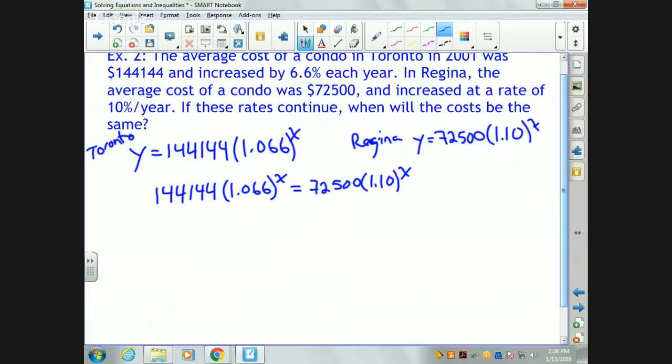In order to solve this equation for x, we want to collect all of the x's on one side of the equation and all of the non-x's on the other side. It doesn't matter whether we collect the x's on the left or the right, it really makes no difference. I'm going to just collect the x's on the right here. So I'm going to divide both sides by 72,500.